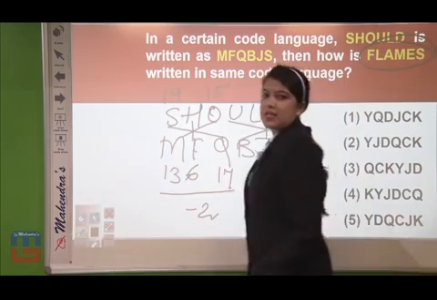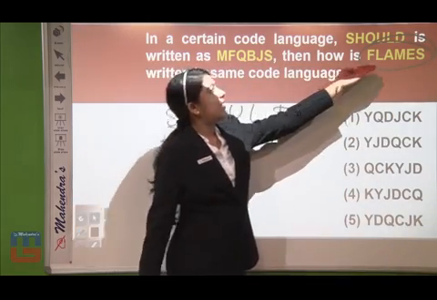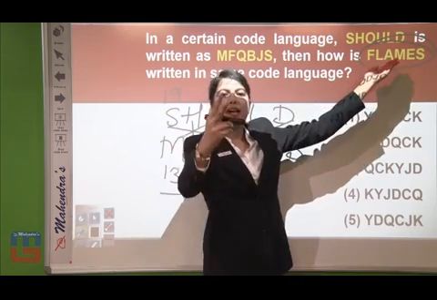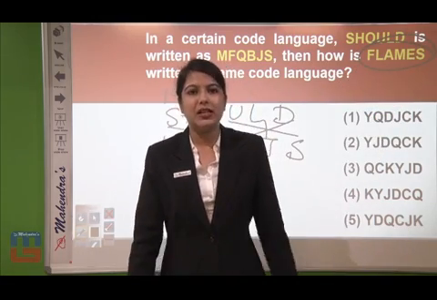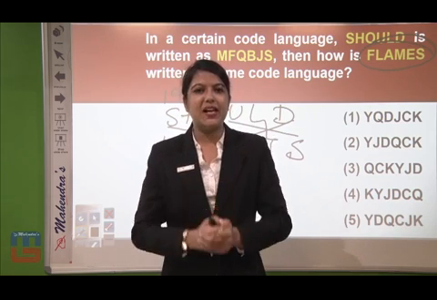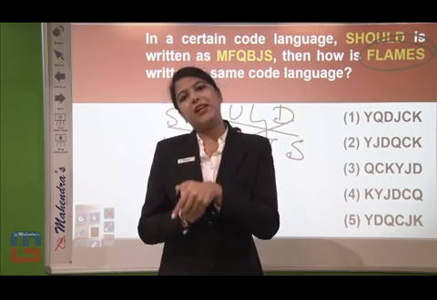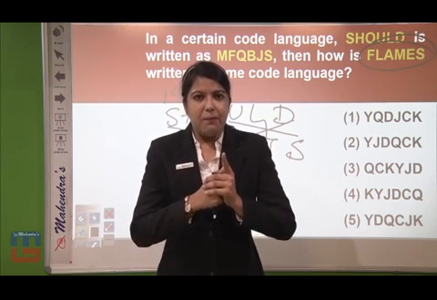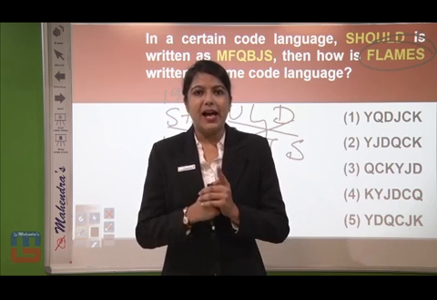Now for FLAMES, the code will be, yes, now talking about A's third concern or A's -2 concern, now complication in your mind. A -2, how come A -2? A's place value is 1 and if we will -2 then why and what? No worries about that. A -2 will definitely follow the alphabetic series.